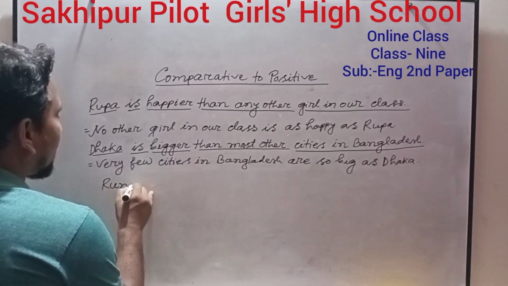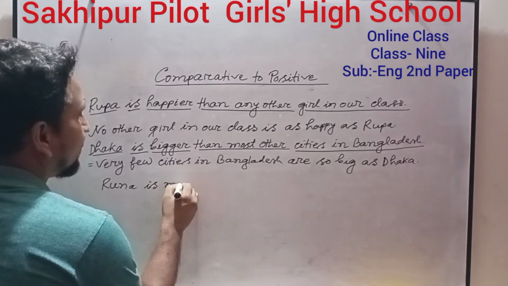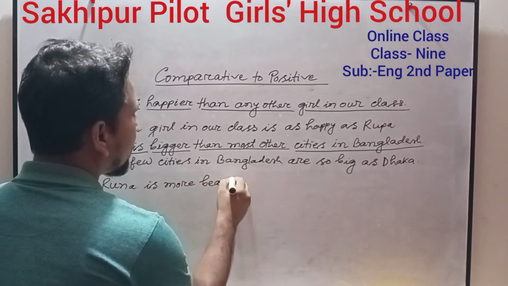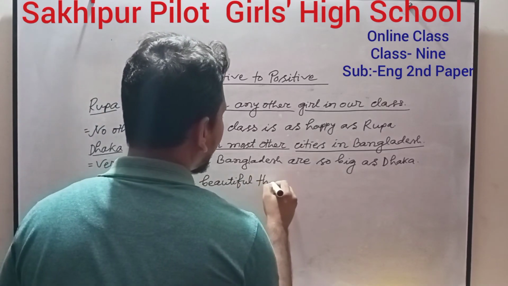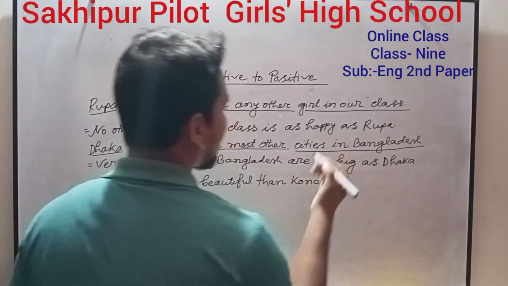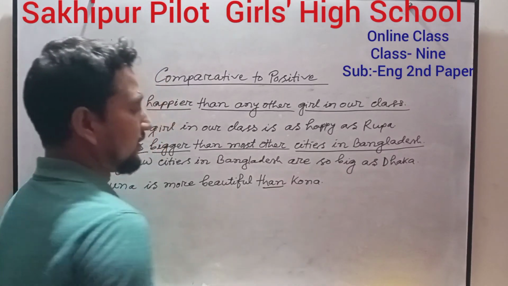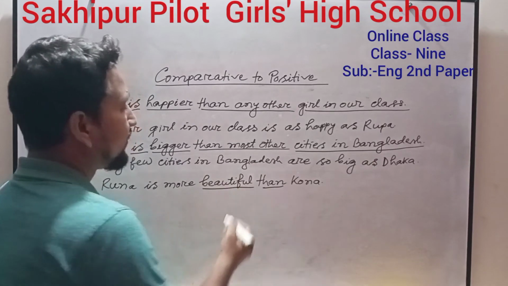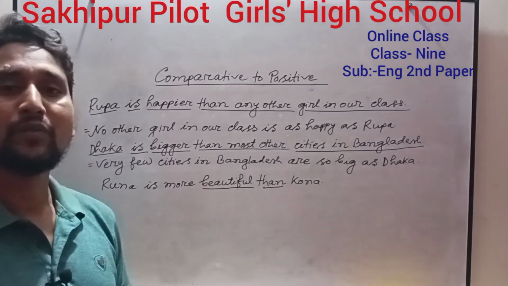Runa is more beautiful than Kona. Here the feature of comparative is only "than", and the adjective is more than one syllable, that means polysyllable.